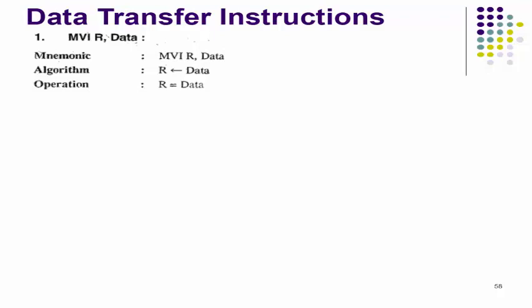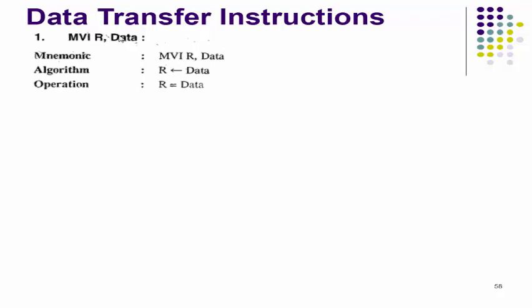The first instruction under this data transfer group is MVI R, data. Here MV indicates the move instruction and I indicates immediate. So the data available in the operand field gets copied immediately into the R register.